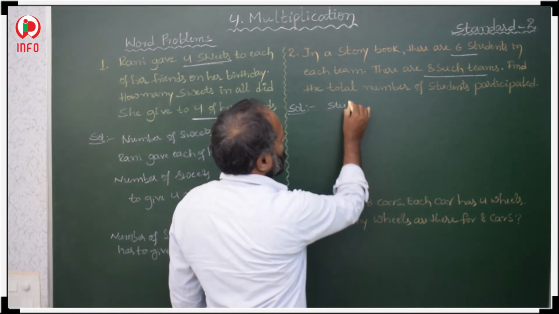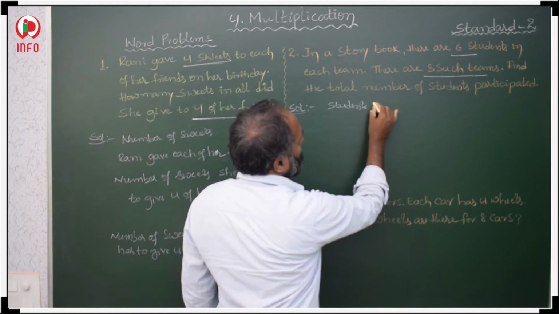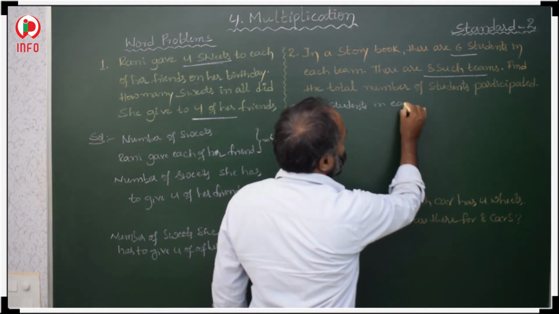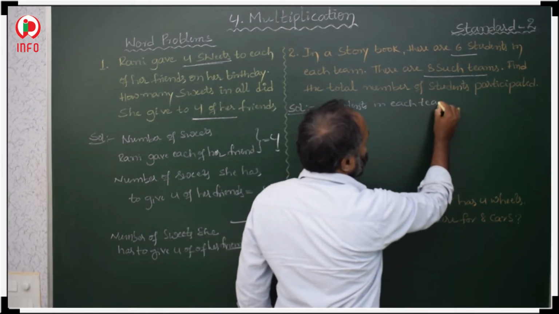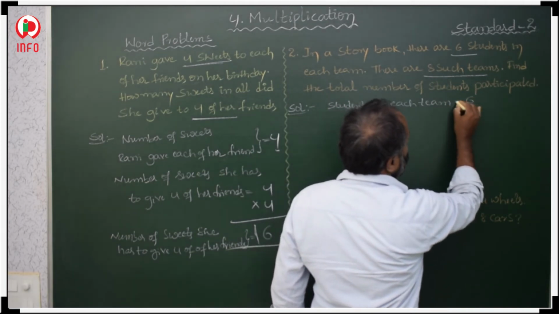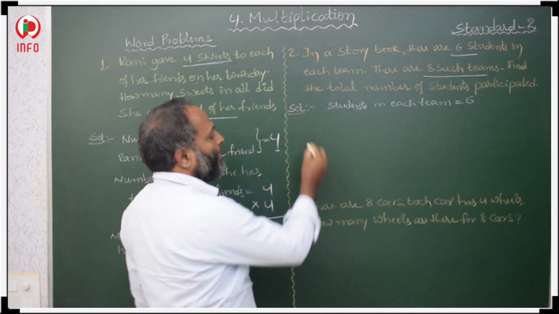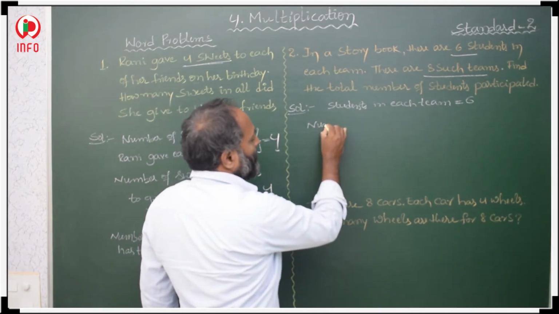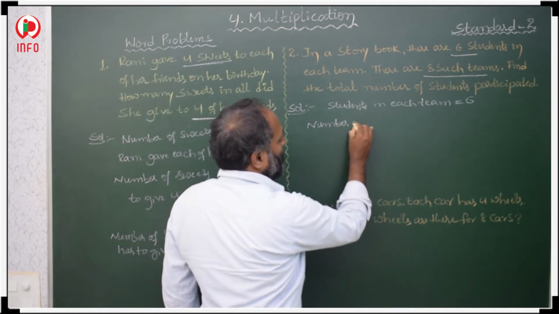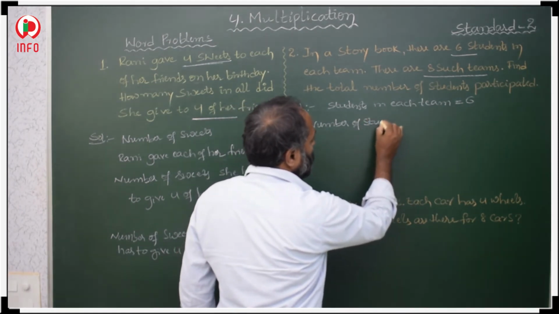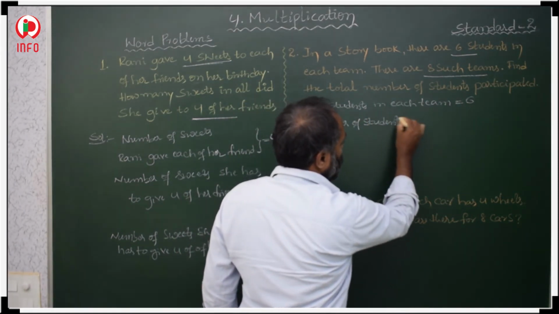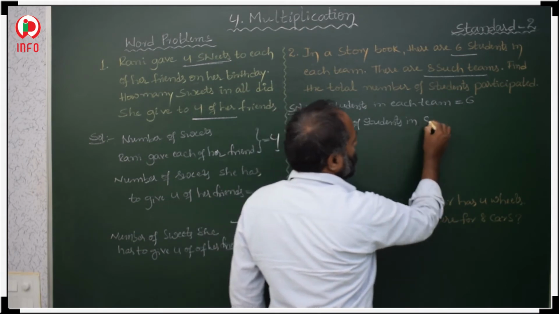Students in each team. 6 students. How many students are there in each team? 6 students. Then number of students in 8 teams.